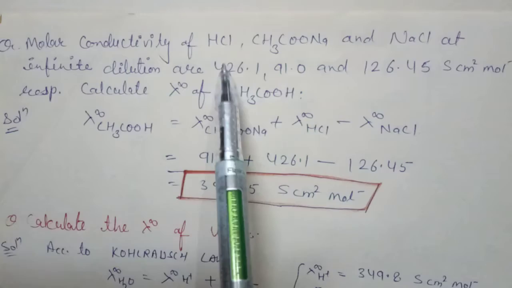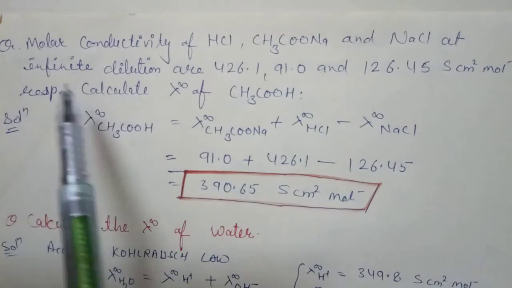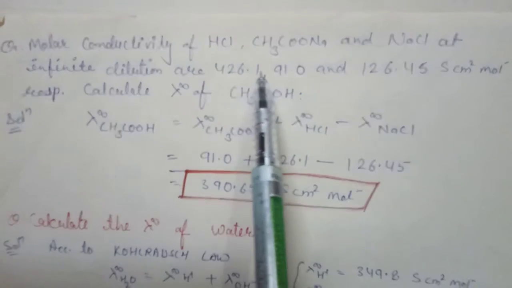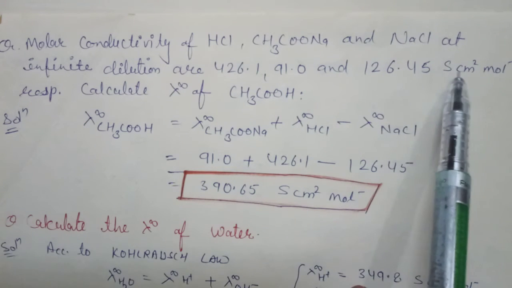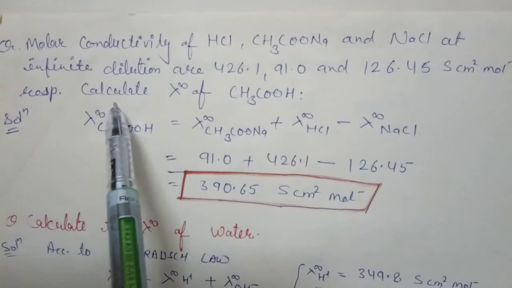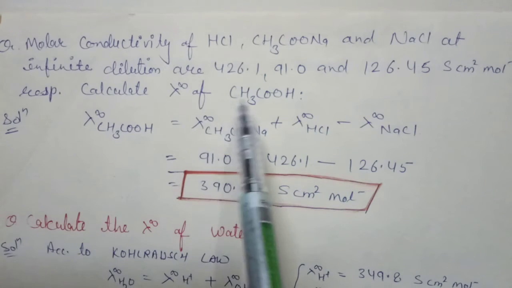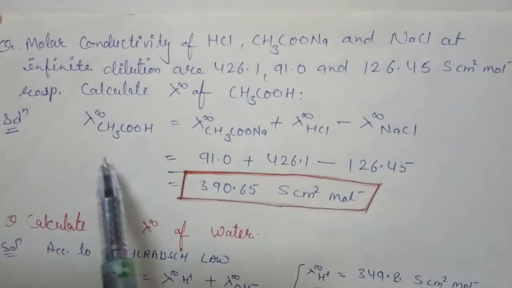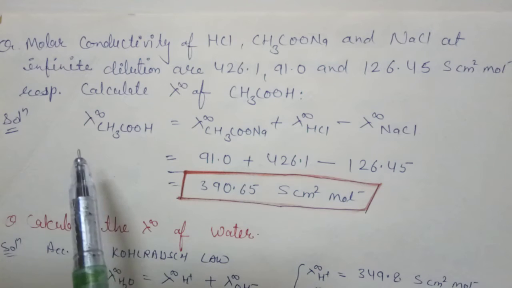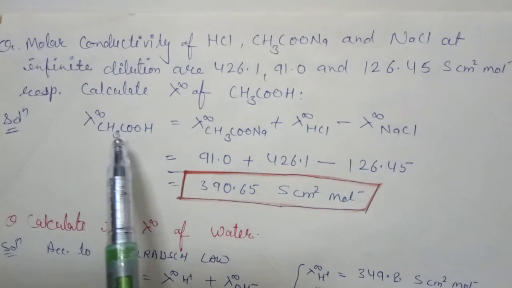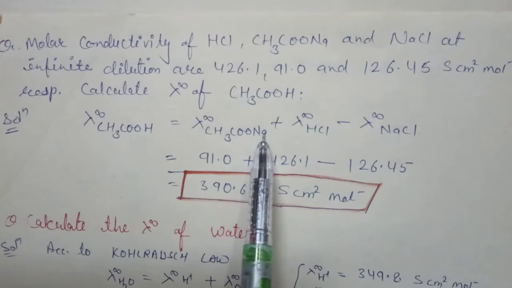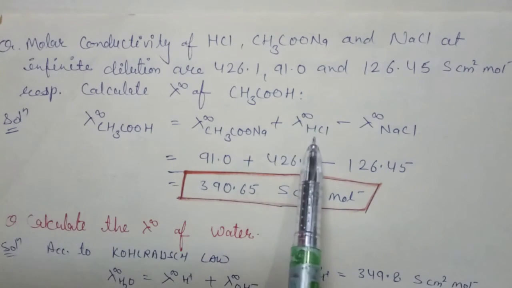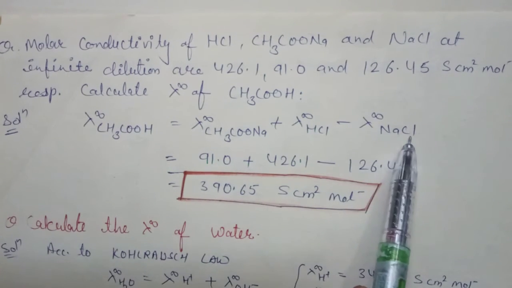Molar conductivity of HCl, CH3COONa and NaCl at infinite dilution are 426.1, 91 and 126.45 Siemens centimeter square mole inverse. Then calculate the lambda infinity of CH3COOH. So lambda infinity CH3COOH will be equal to lambda infinity CH3COONa plus lambda infinity HCl minus lambda infinity NaCl.